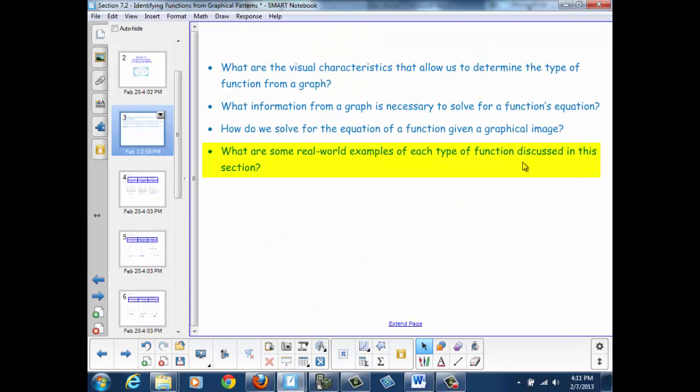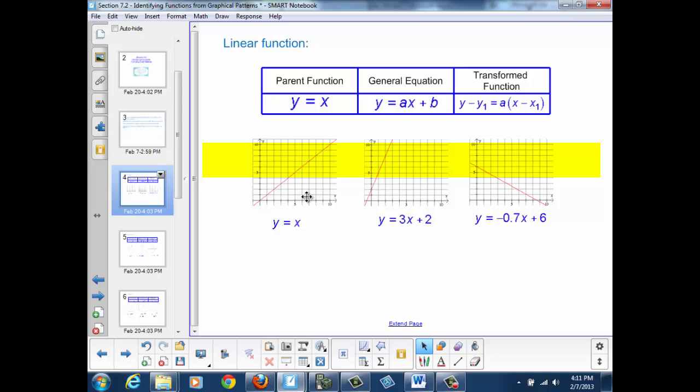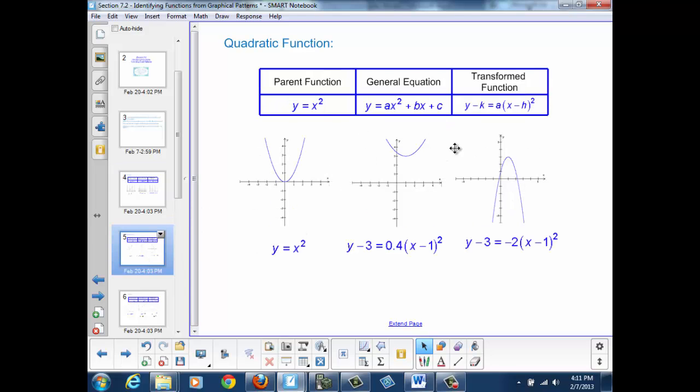And finally, some real-world examples discussed in this section. For a linear function, anything we do on a regular basis, increasing our bank account by a regular deposit or decreasing our bank account by a regular donation. Quadratic function, something that rises then falls, anything that we throw, a projectile.